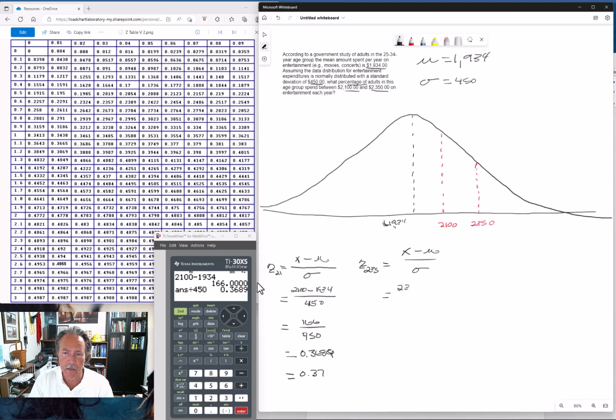Everything else is the same. So 2350 minus 1934, 416.